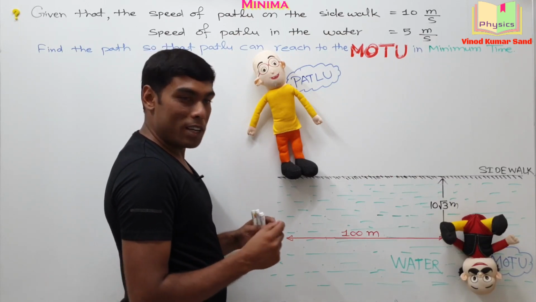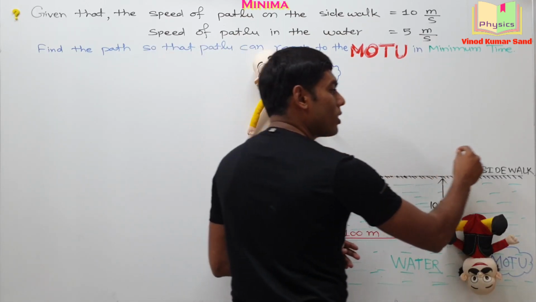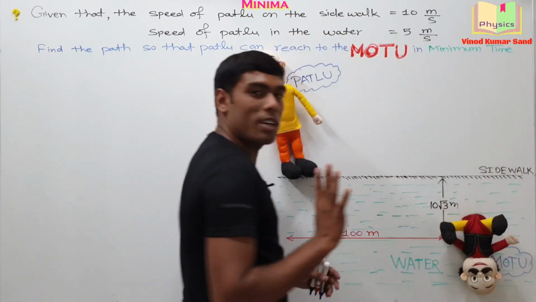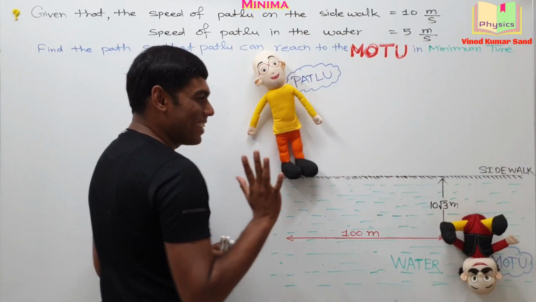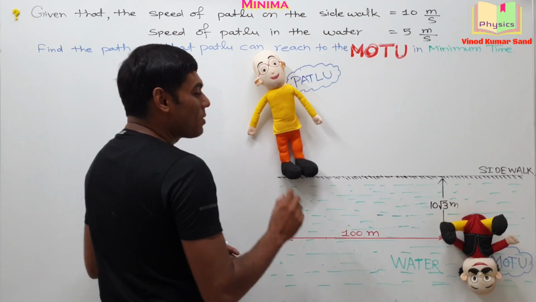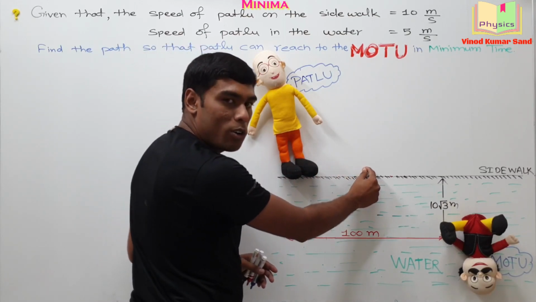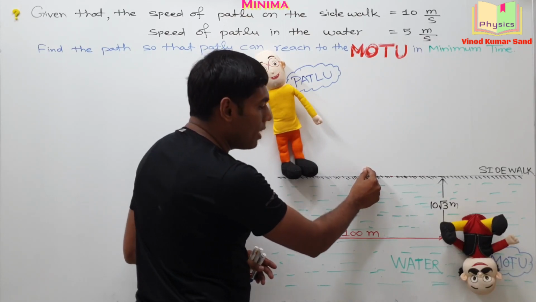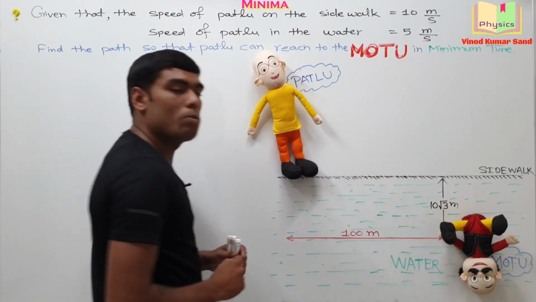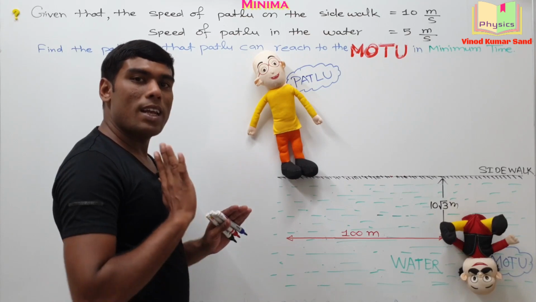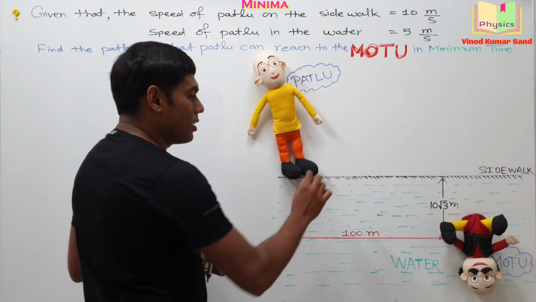Or if they are very good friends, Patlu can keep on running on the sidewalk, let Motu sink down. Is it a possibility? Anyways, another possibility, Patlu runs along the sidewalk for some moment and then swims toward Motu. So there are infinite possibilities.